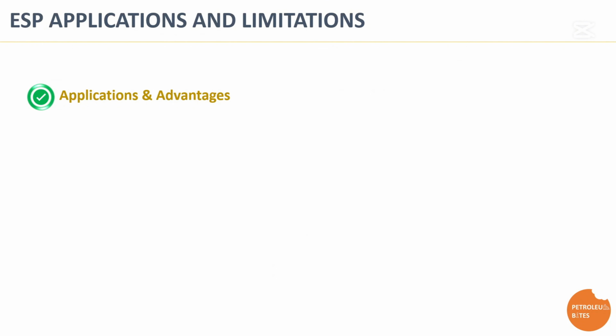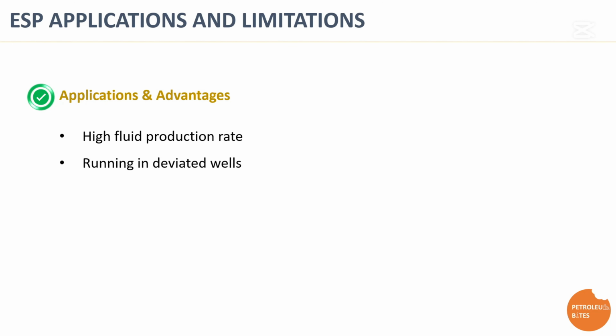ESPs offer numerous advantages, making them an optimal choice for a wide range of well applications. They are particularly well suited for high production rate wells, capable of handling large fluid volumes efficiently. One of the ESP's key strengths is its flexibility to operate in highly deviated and horizontal wells, where other artificial lift methods may struggle.